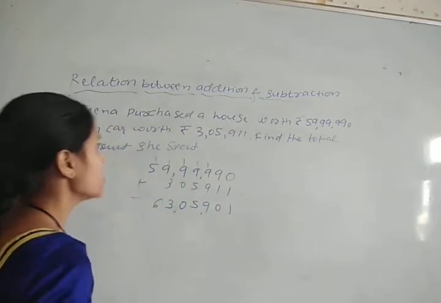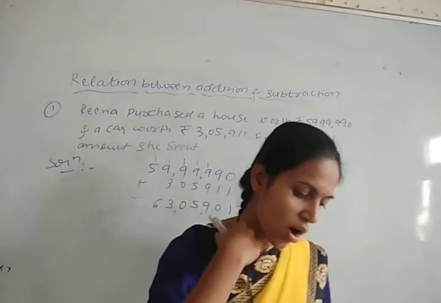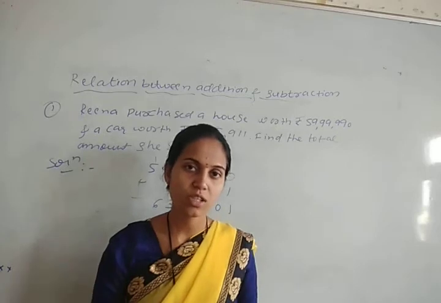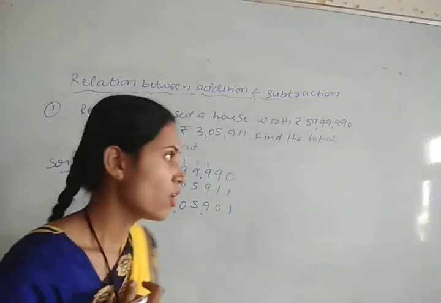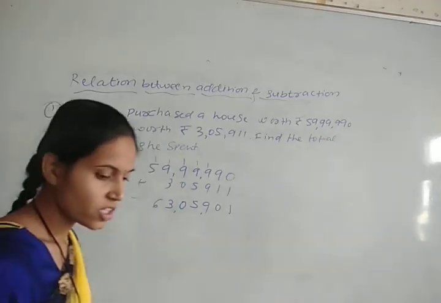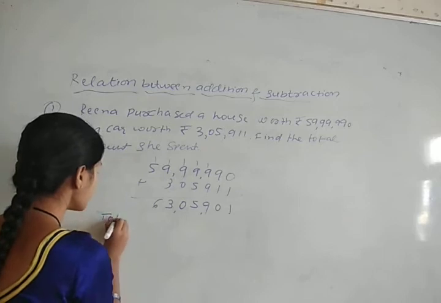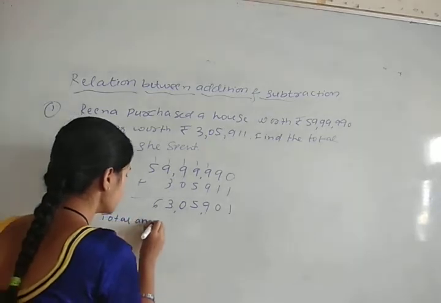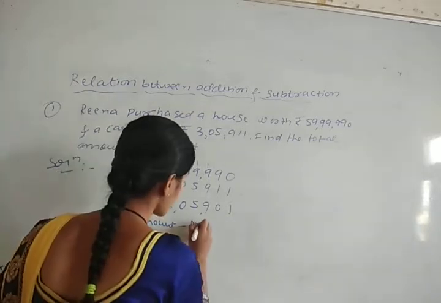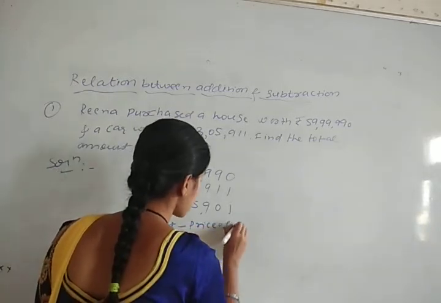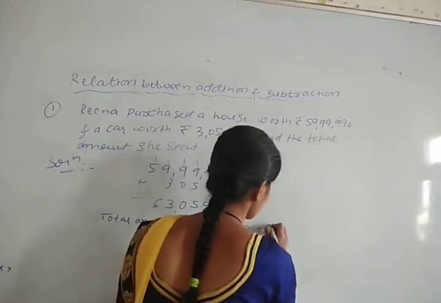Now Reena wants to cross check this result. For that, she will use one formula. I will write here: total amount minus price of car is equal to price of house.